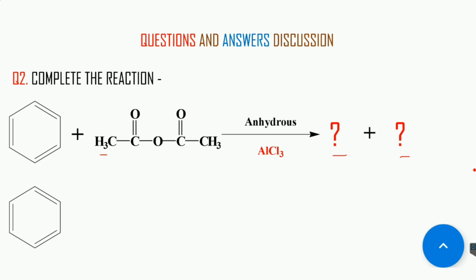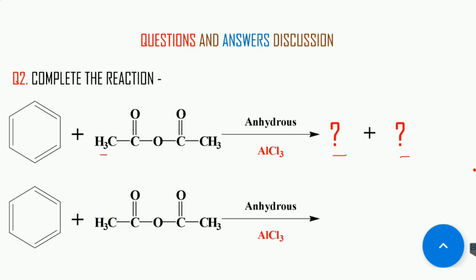So here is our benzene, here is our reactant, and here is our Lewis acid, that is anhydrous AlCl3. But did you see that this reactant is a little bit different from all the previous ones, right? And not only that, it's a bulky one.